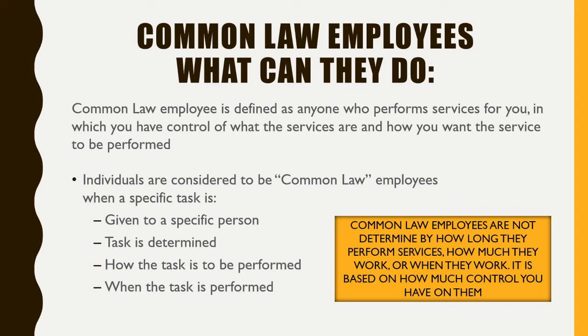So it's 100% control over your employee. That means you have to tell them the exact job they have to do and exactly how and when to do it. For instance, a common law worker would be someone who comes into the office Monday through Friday from 9 a.m.